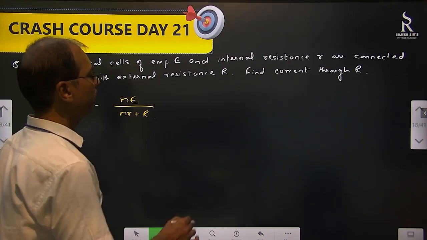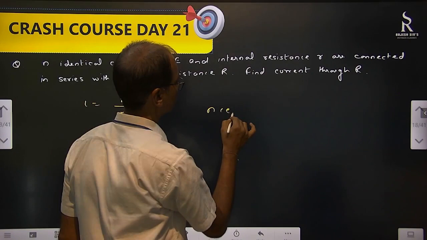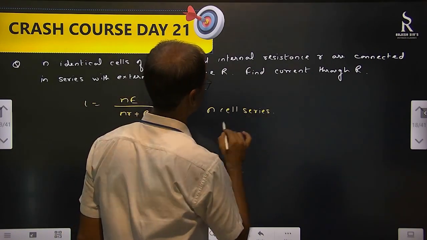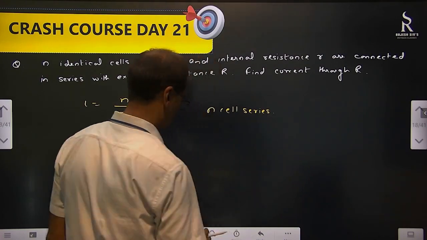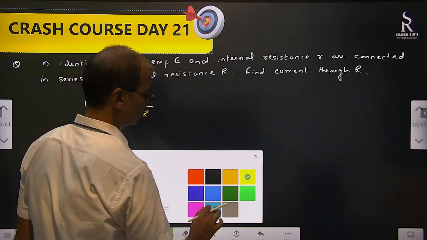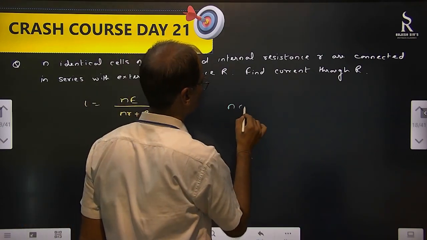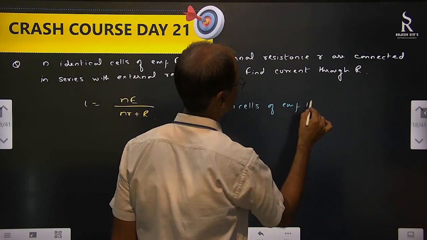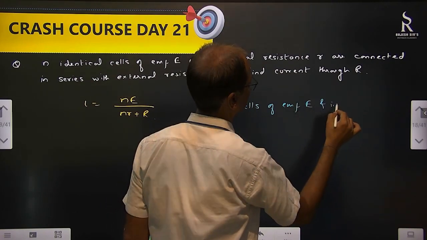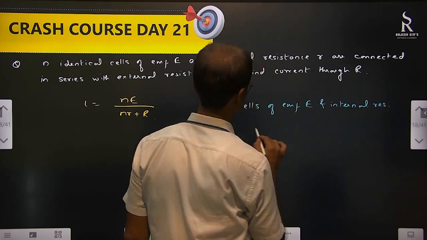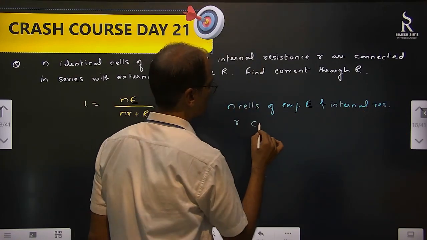Suppose that we have N cells in series connection, N cells of EMF E and internal resistance r, connected in series.